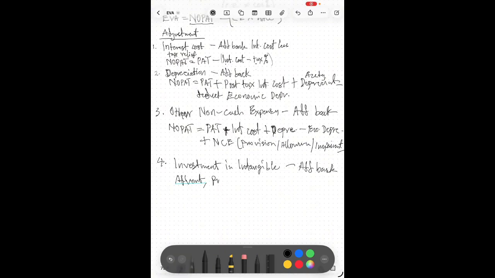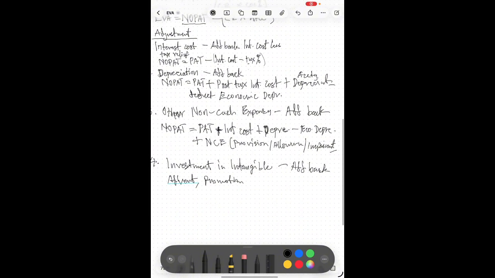Promotions, so it should be added back. So that is basically what you need to do. So all these research and development and the rest should be added back if already deducted before arriving at profit after tax.